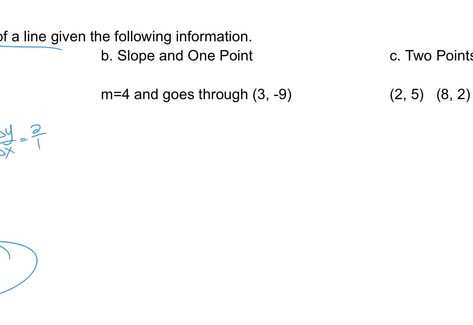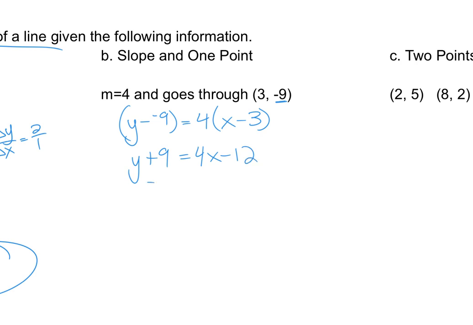Okay, now slope and one point. This means we're going to use our point-slope form. So y minus my y value, which is negative 9, equals 4 times x minus my x value of my point, which is 3. Now I rewrite this. y plus 9 equals 4x minus 12.